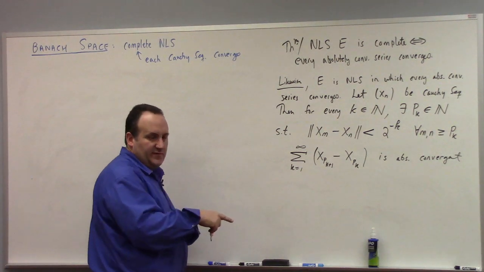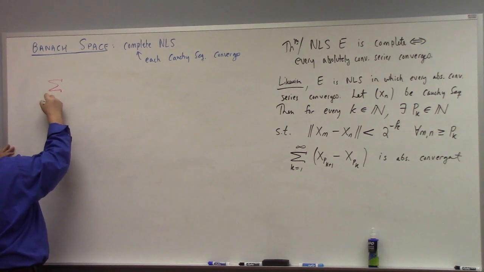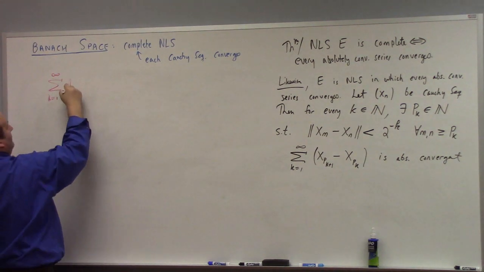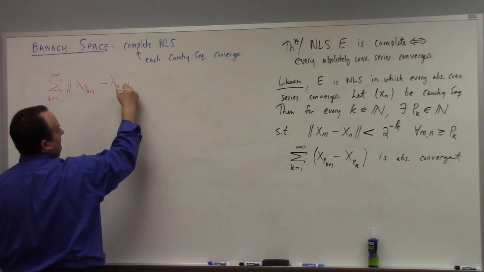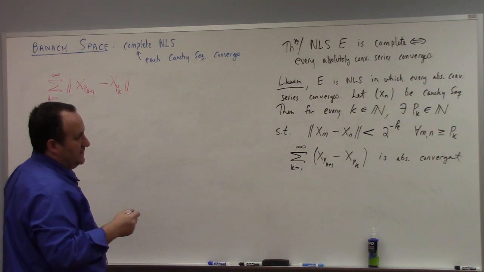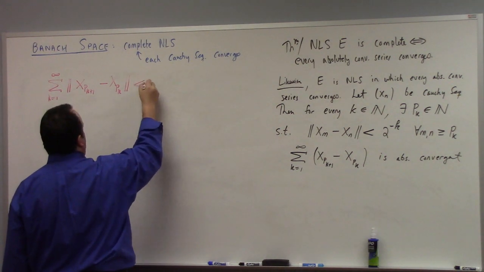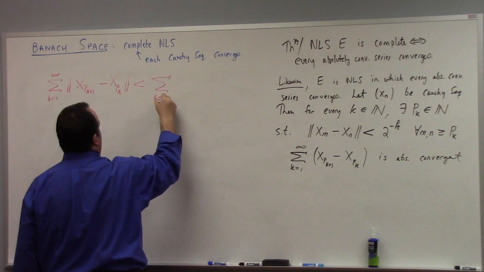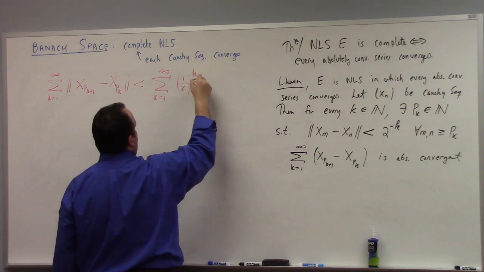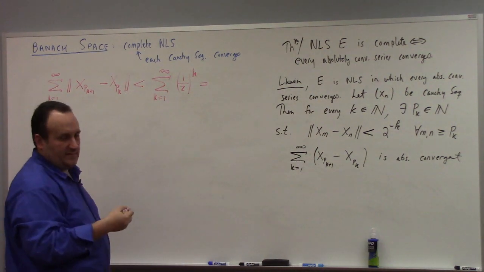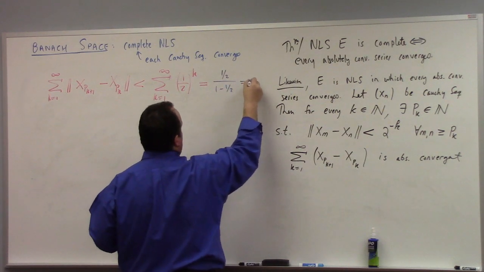To say that it's absolutely convergent means we need to take the norm of it, right? So if we look at the sum, k equals 1 to infinity of the norm of x_{p_{k+1}} minus x_{p_k}, that is less than or equal to the sum, k equals 1 to infinity of 2 to the negative k, which is the geometric series, 1/2 over 1 minus 1/2, also known as 1.